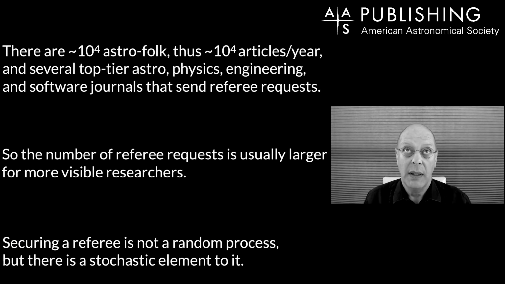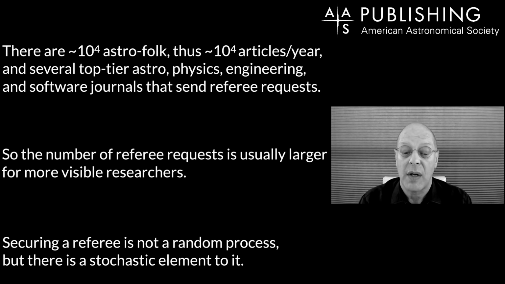So globally, order of magnitude, there's about 10,000 astronomers in the world, and everybody publishes on average about one paper a year, and so there's at least 10 to the 4th articles per year. There are a couple of top-tier astronomy journals, physics journals, engineering journals, and software journals that send out referee requests.